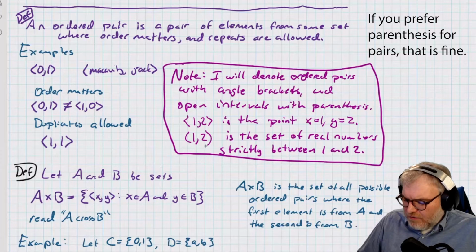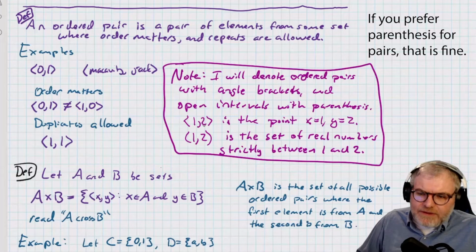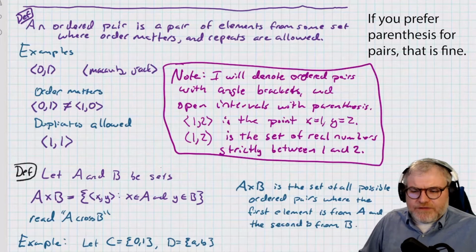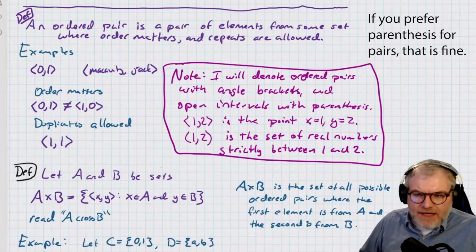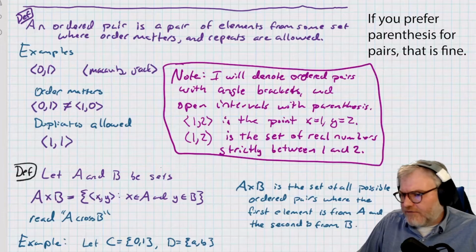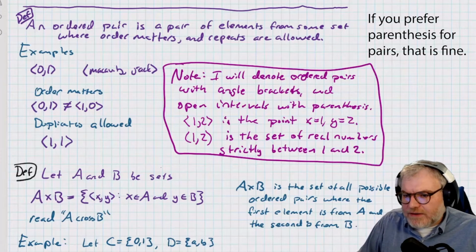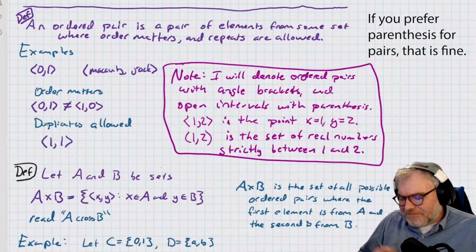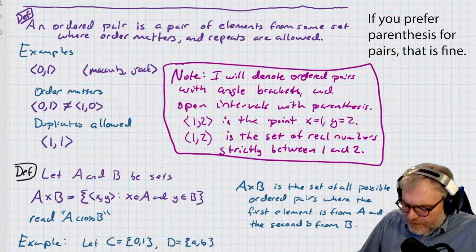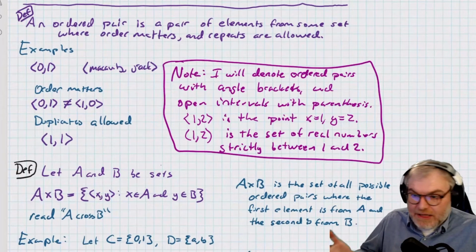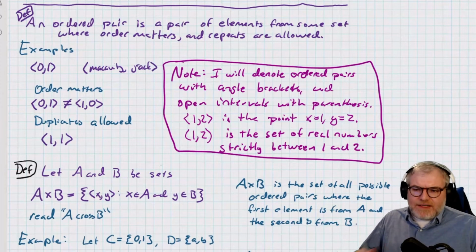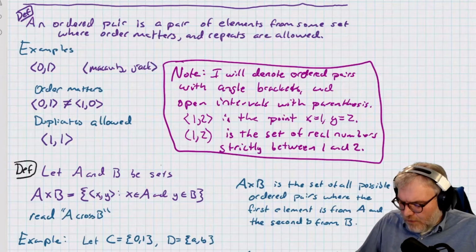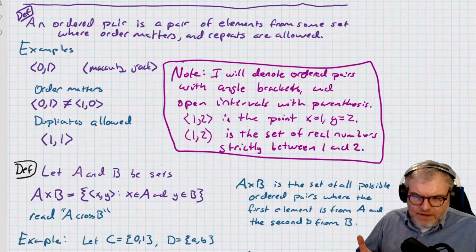So this is a bit of a line. This is a point. Just a heads up, that's what I'm doing there. You can use whatever you want in this class, if you prefer the parentheses, as long as someone understands what you mean. I prefer the angle brackets because they distinguish between points and intervals.